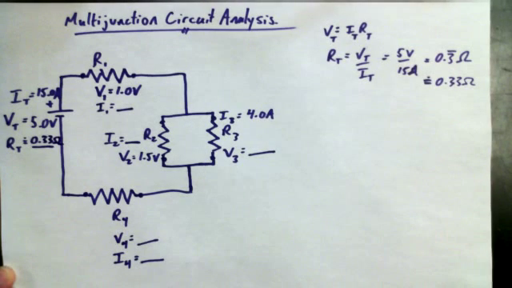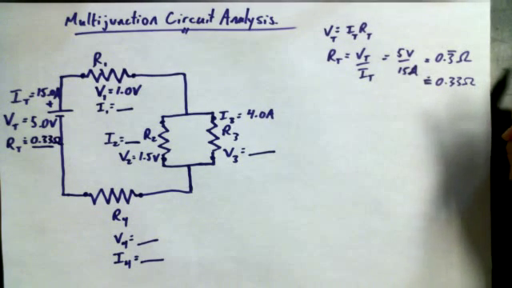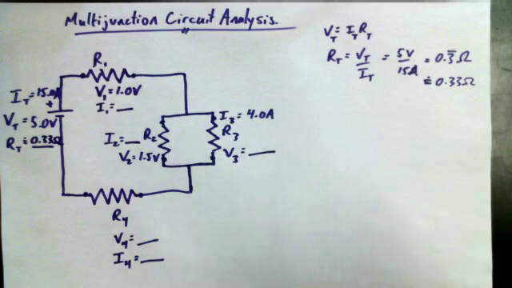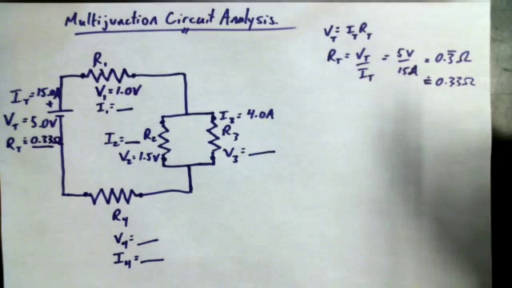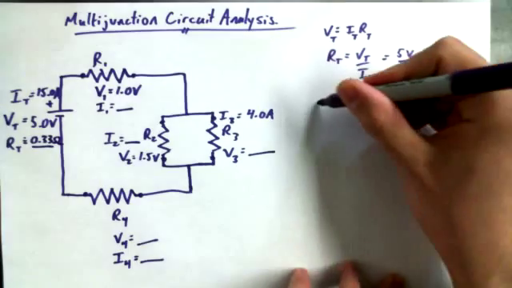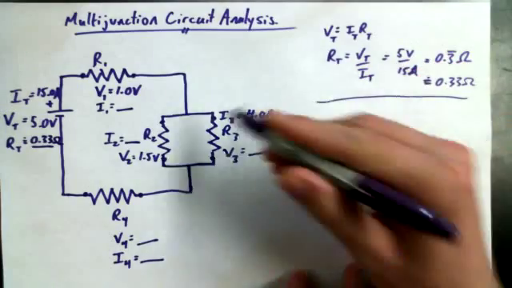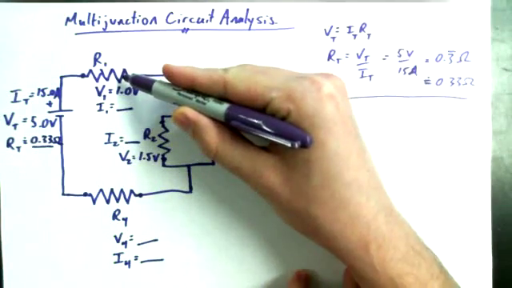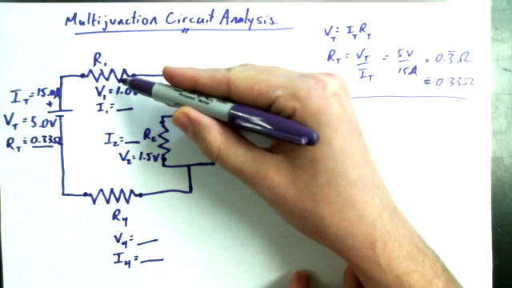That's one value down. What about current 1? Can anybody logically deduce what current 1 must be? Why would you say 15? Yeah, it hasn't branched off yet, right?